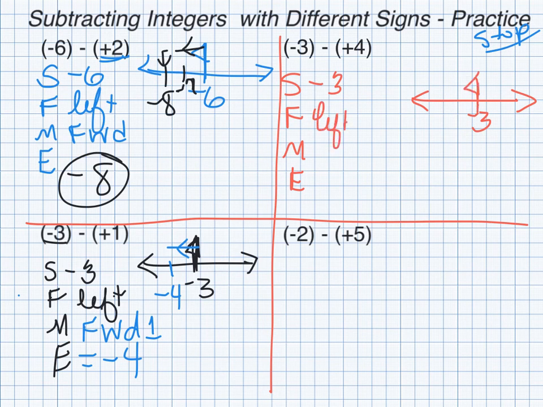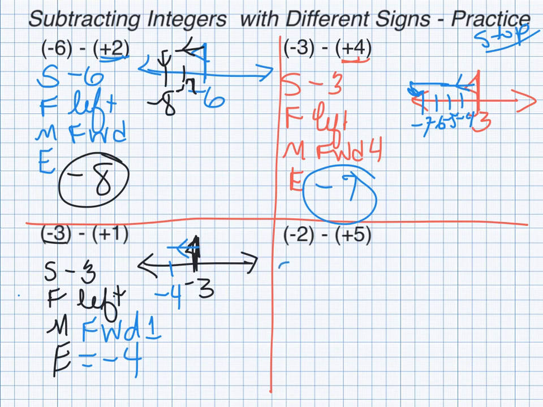Here I am facing to the left. I'm going to move, this is a positive 4, so I'm going to move forward 4. Facing in this direction, this is forward, 1, 2, 3, 4. So I'm going to end here. So I've got negative 3, negative 4, negative 5, negative 6, negative 7. The answer is negative 7.